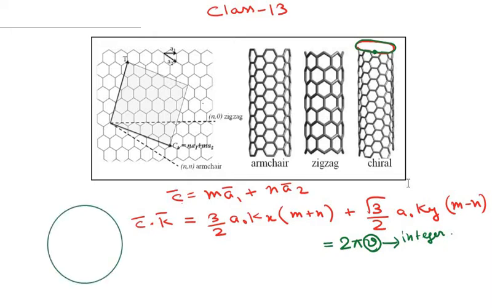If you don't understand this properly, let me just give you an example. Let us say that this is the circumference of our nanotube, this circle over here. So the wave function would be spread throughout this entire surface. So it looks somewhat like this.